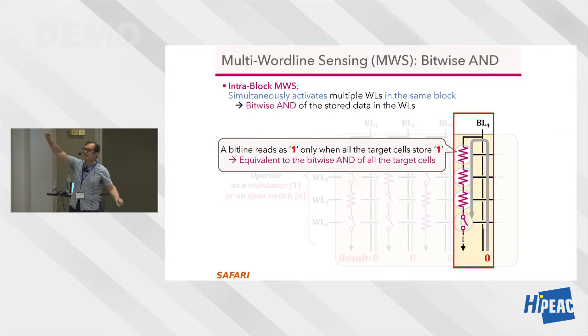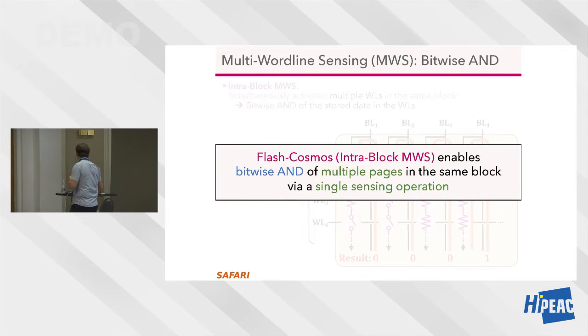You have a string, and on that string hang a lot of floating gates. And if all of the floating gates are charged, or set, if you will, or 1, then that string is complete, meaning that it's a closed circuit. Okay, so this is how you get an AND operation. And this actually happens with a single sensing operation, which is really fast in flash.